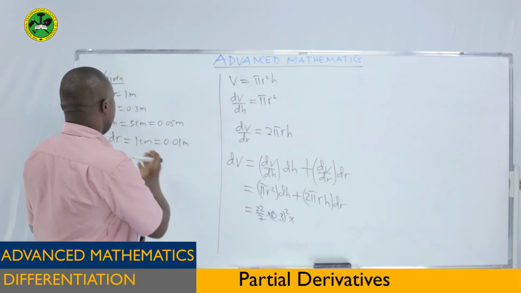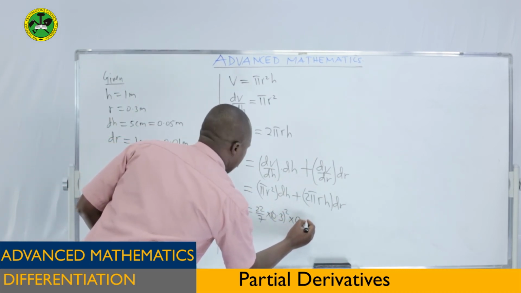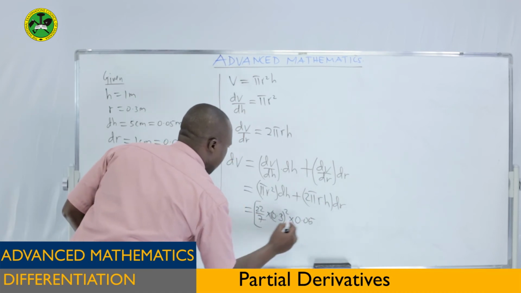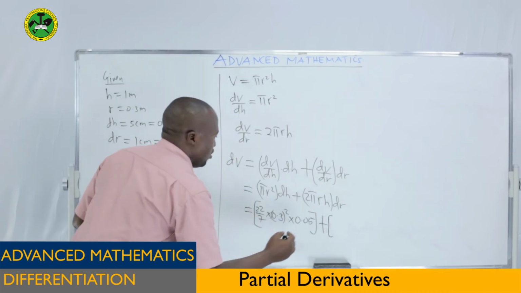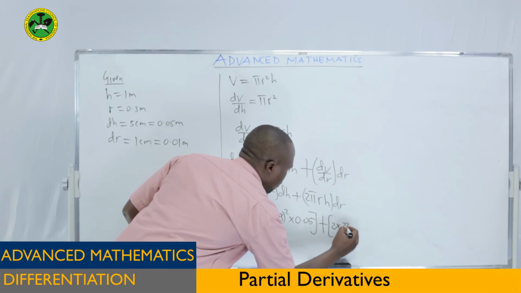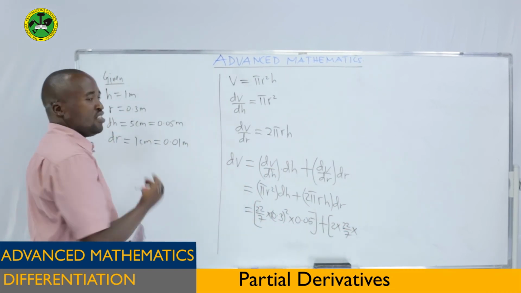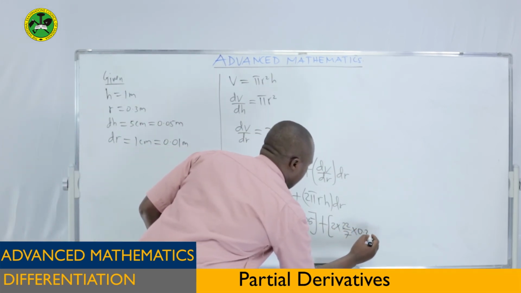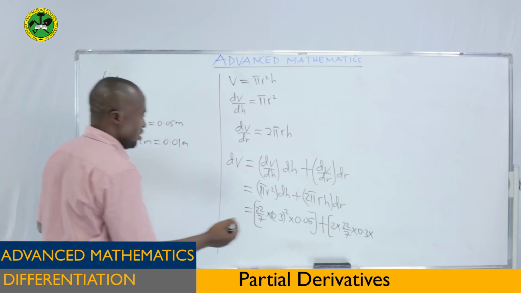In this case, dh is equal to 0.05. Now this one plus, then we have 2 times pi, our pi is 22/7, times radius, now radius is 0.3, then times height, now the height is 1.